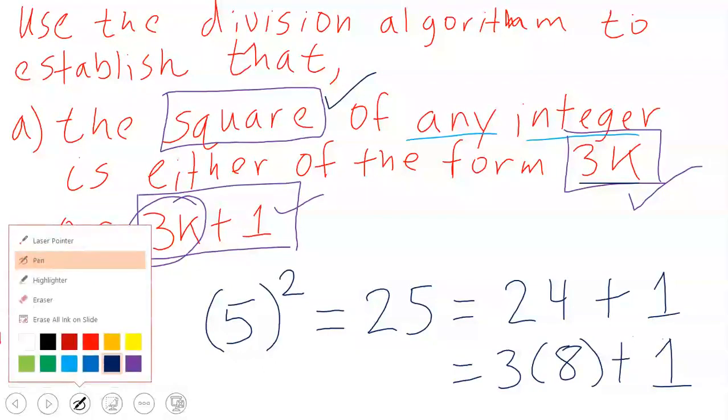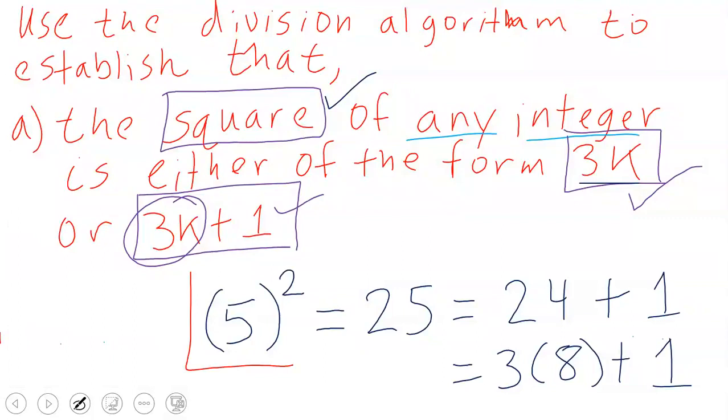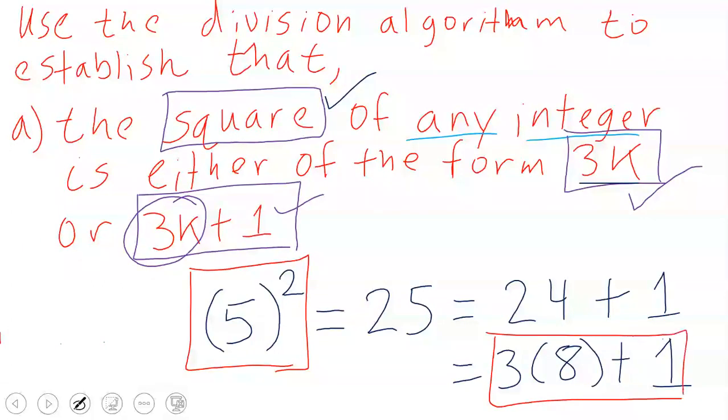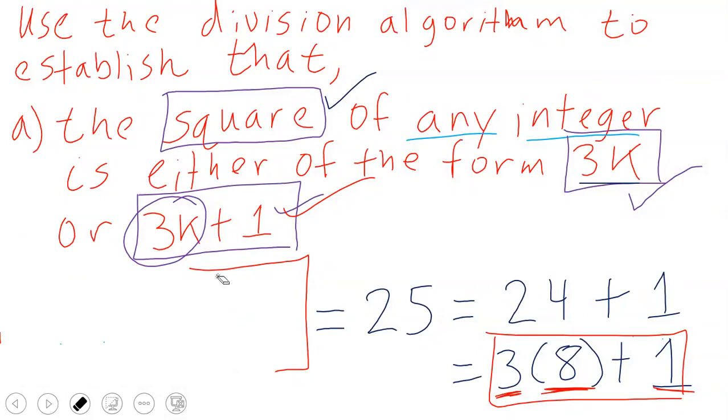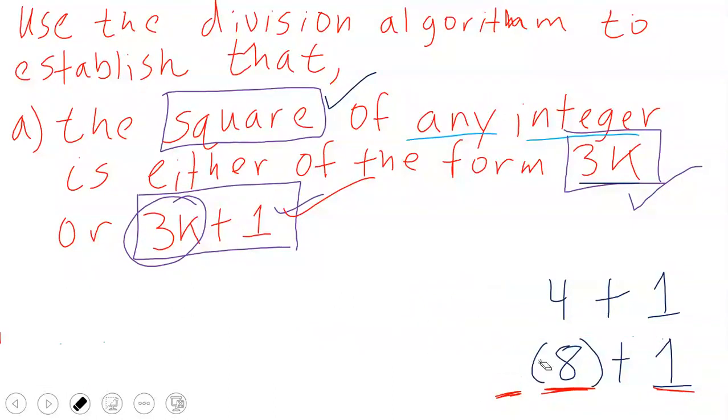Notice that 5 squared is equal to 3 times an integer plus 1. You see what I'm saying? All right, let's try another integer. Let's use 3 and see what 3 gives us.